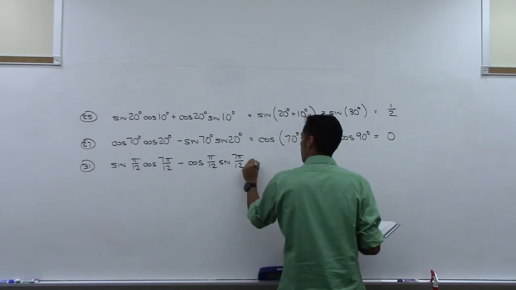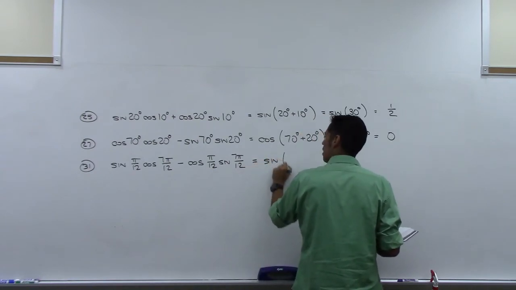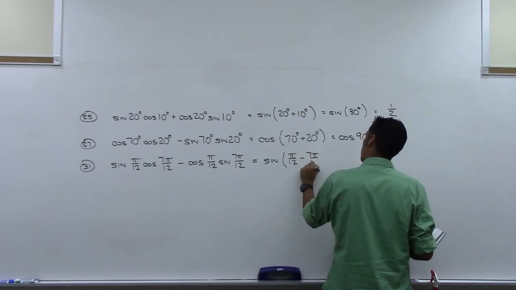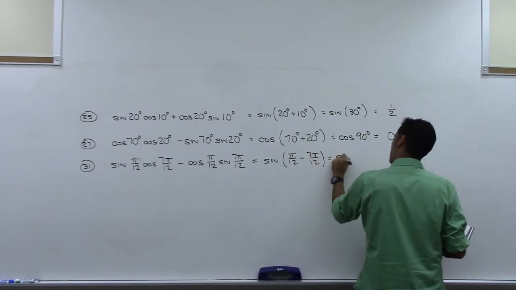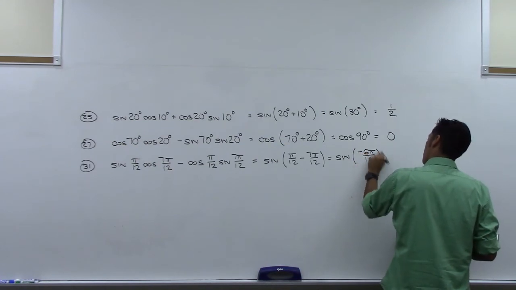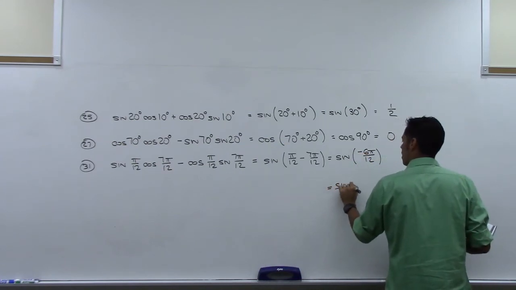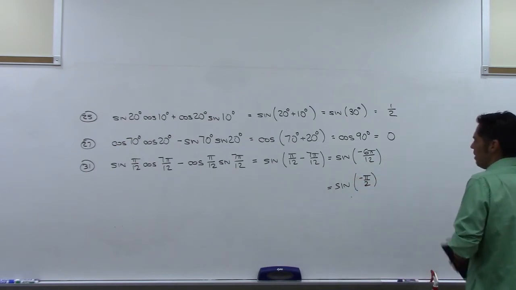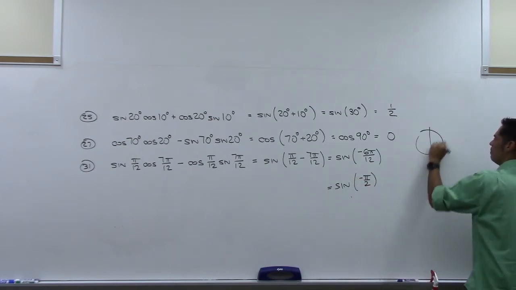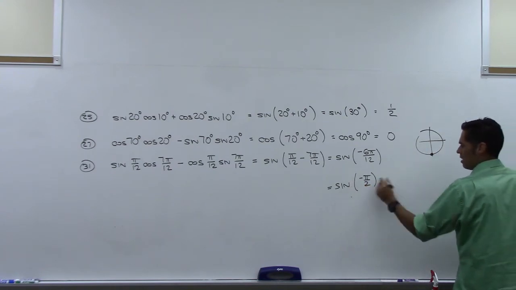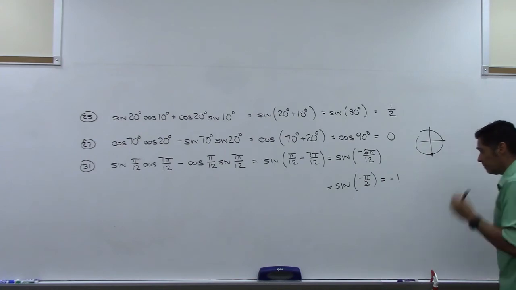So that falls into the format of sine of pi over 12 minus 7 pi over 12, which is sine of negative 6 pi over 12, which is sine of negative pi over 2 if we reduce that. So negative pi over 2 on the unit circle is straight down like this, and we're looking at sine, so it's the y-coordinate, which is negative 1.